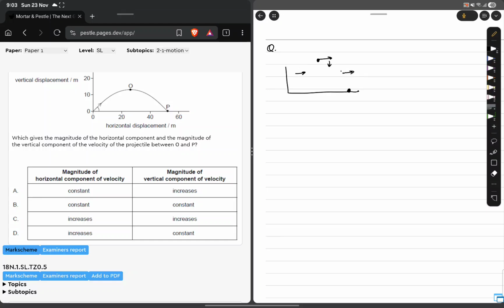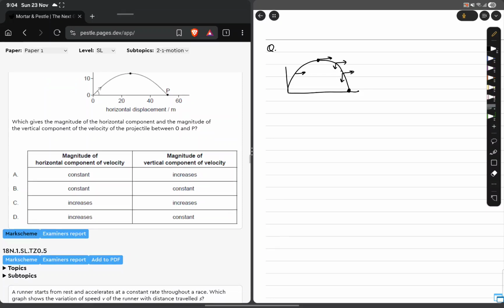If you break the projectile into its components, at first there's nothing there, then it increases a little bit, and then it keeps increasing. The magnitude increases. However, the direction is negative, so it's going to be A.